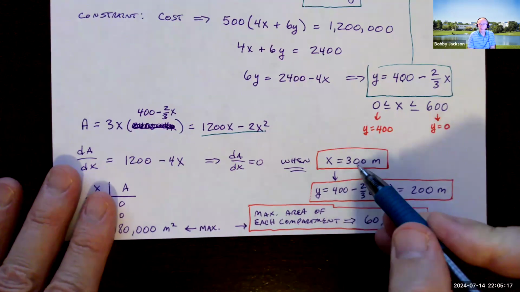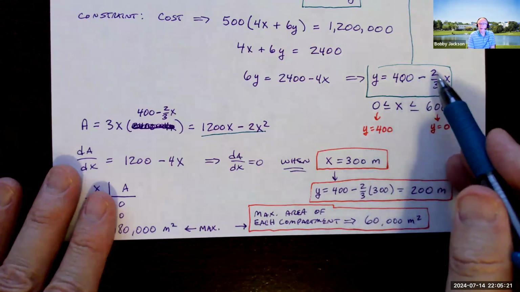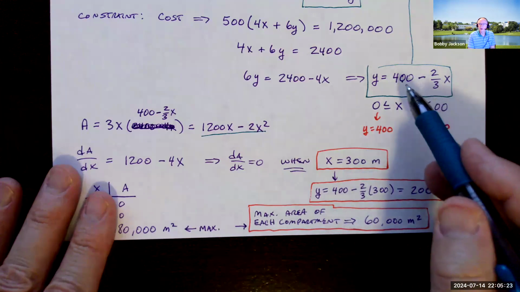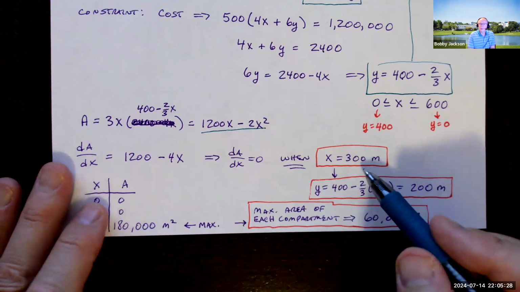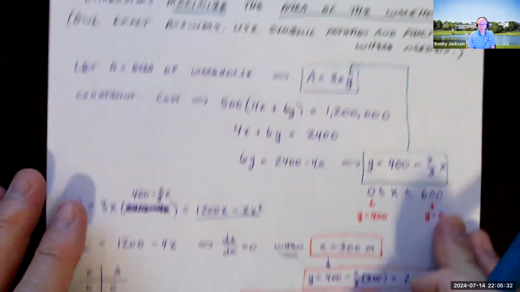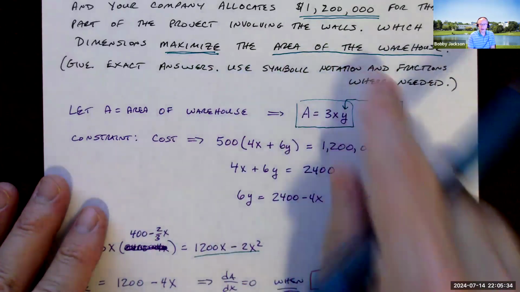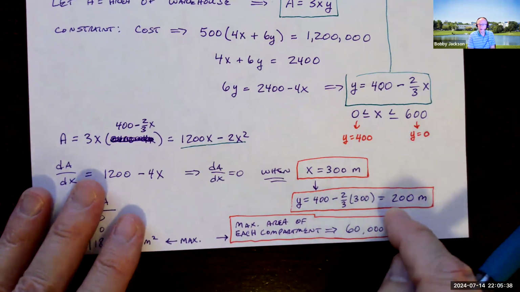Notice when x is 300, if I plug in 300 here, I'll get 400 minus 2/3 of 300, which is 200. 400 minus 200 is 200 meters. So therefore, we know that we will have the maximum area. The dimensions that will maximize the area of the warehouse are when x is 300 meters and y is 200 meters.